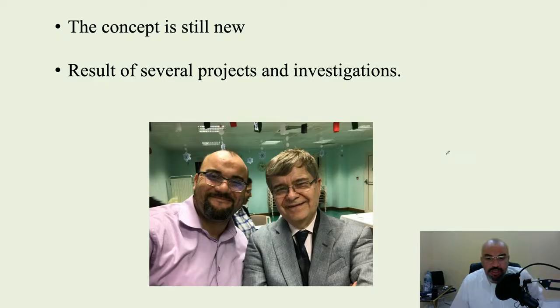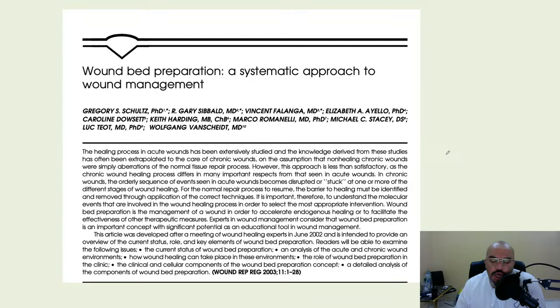This is Dr. Gary Sibbald, and he's one of the key leading figures in the field of wound bed preparation. This is the original study that was published in 2003, and it presents this concept for the first time: wound bed preparation, a systematic approach. So there is a specific system that will be followed in dealing with the wounds.